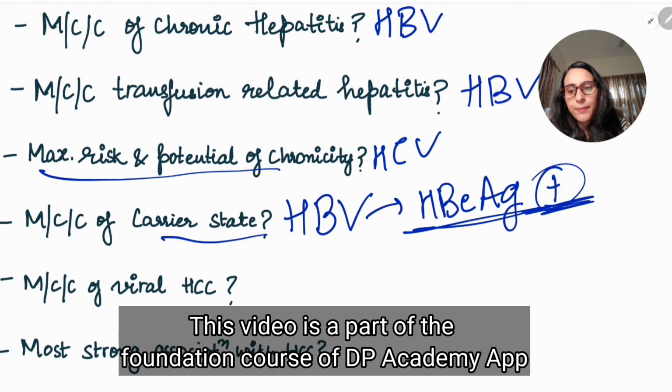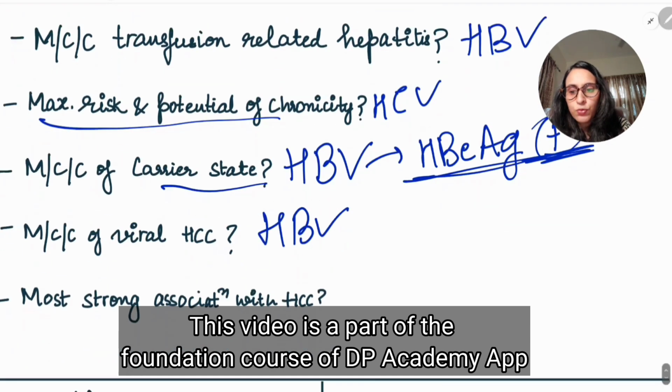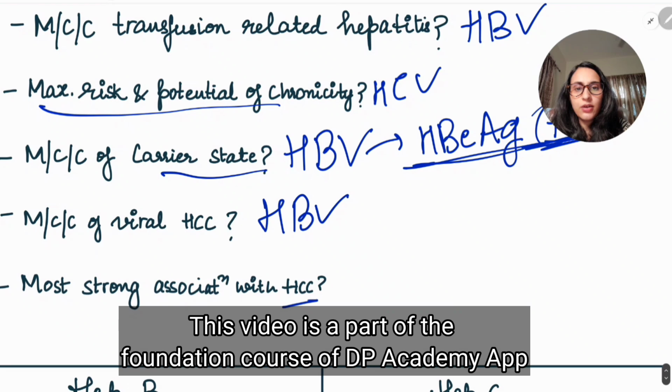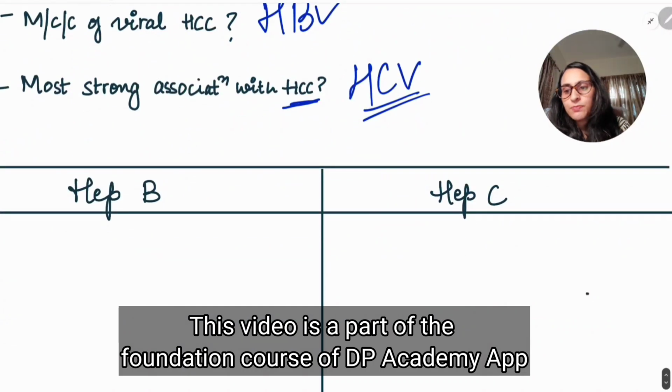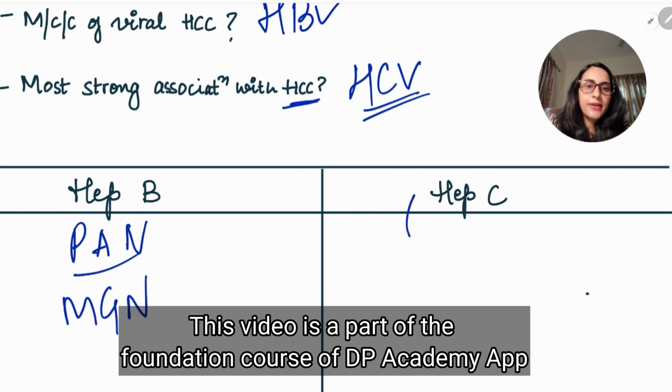Most common cause of viral hepatocellular carcinoma is hepatitis B virus, but if the strongest association with hepatocellular carcinoma is asked, then it is hepatitis C virus. Hepatitis B virus is associated with polyarteritis nodosa, PAN, and also membranous glomerulonephritis.